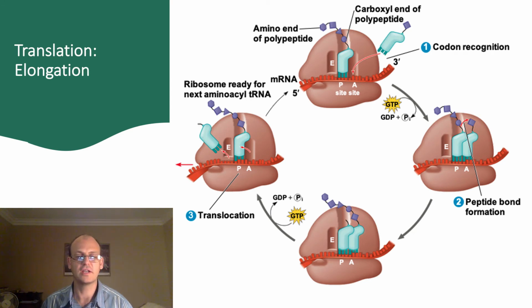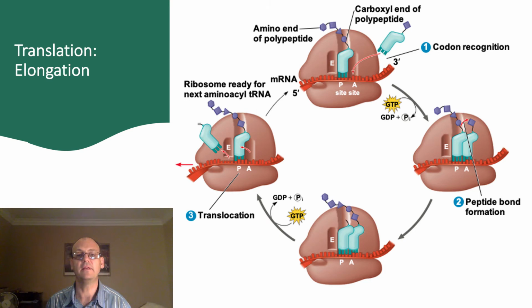Once initiation is complete and the tRNA with the anticodon complementary to the start codon is placed in the P site, the polypeptide gets lengthened. A new tRNA moves into the ribosome and binds to the mRNA. Although many tRNAs may try to bind to the mRNA, only tRNA with an anticodon that's complementary to the mRNA at the A site are able to bind.